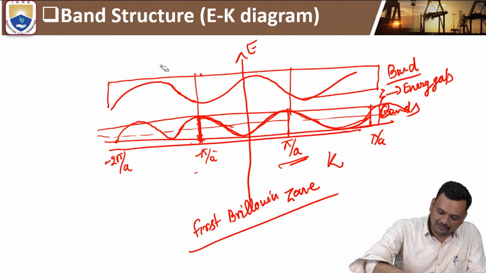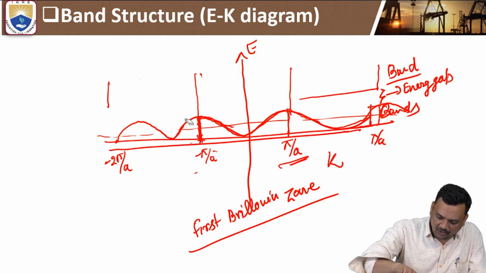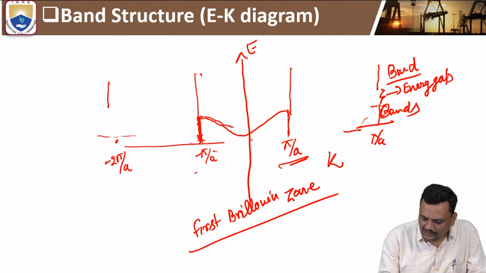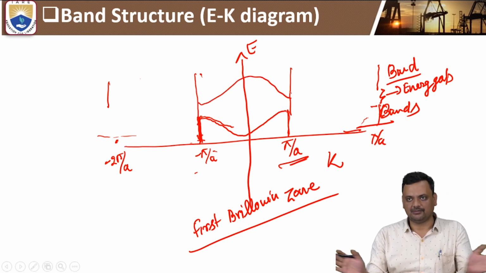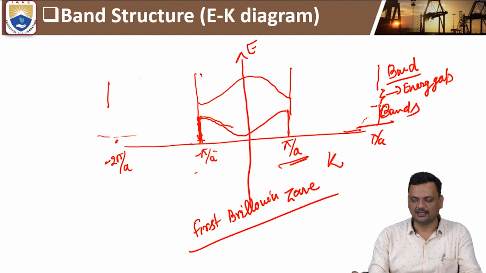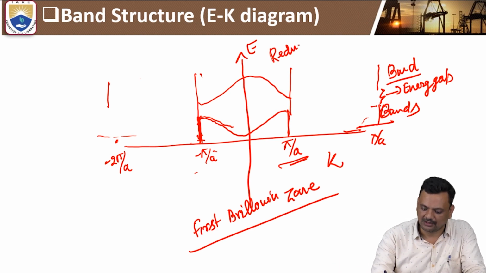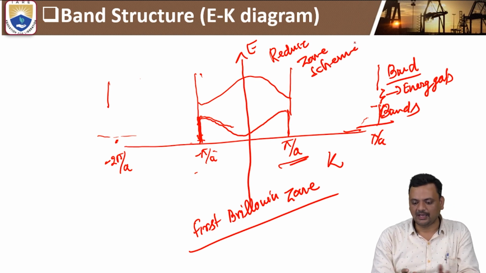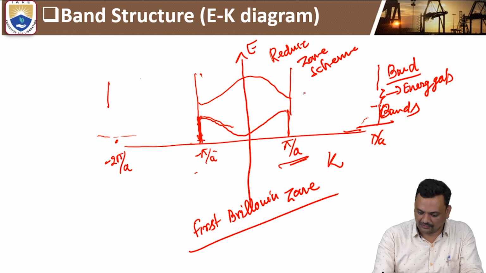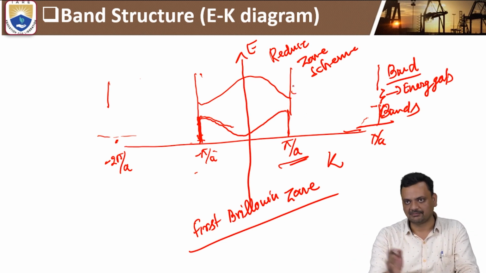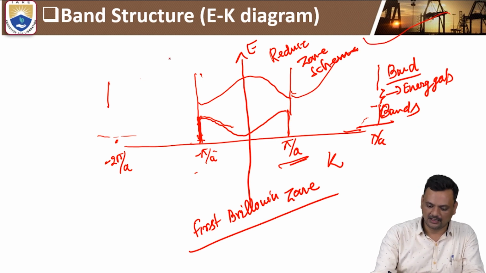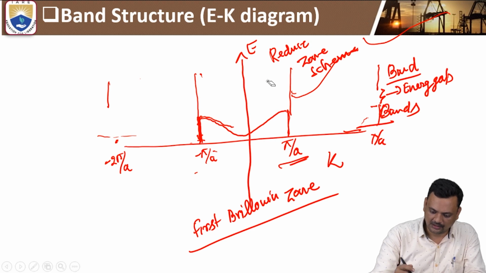Now if we omit all the extended parts, this is your reduced zone scheme plot. And if we take this graph here, it is because the same thing is repeated.